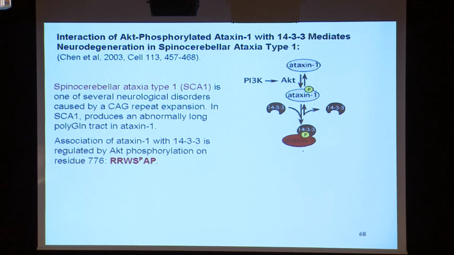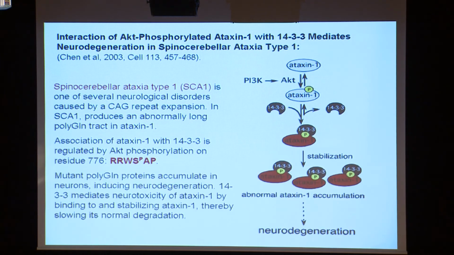The balance is tipped with this extra association with 14-3-3, and the rate of proteolysis is slowed down even more, so there's extra stabilization of the ataxin 1, and these polyglutamine repeat proteins accumulate in neurons, inducing neurodegeneration. The 14-3-3 mediates this toxicity by binding and stabilizing the ataxin 1 and slowing its normal degradation even more. These proteins accumulate in a complex, and the net result is neurodegeneration.